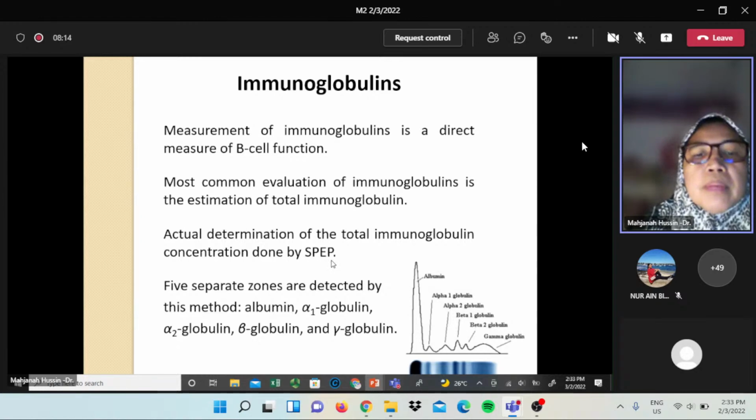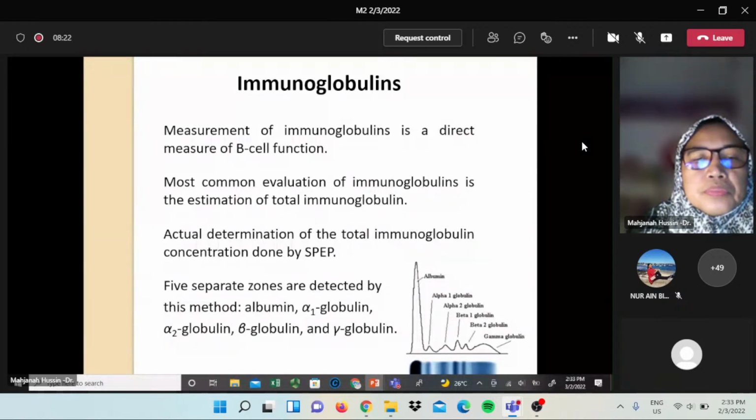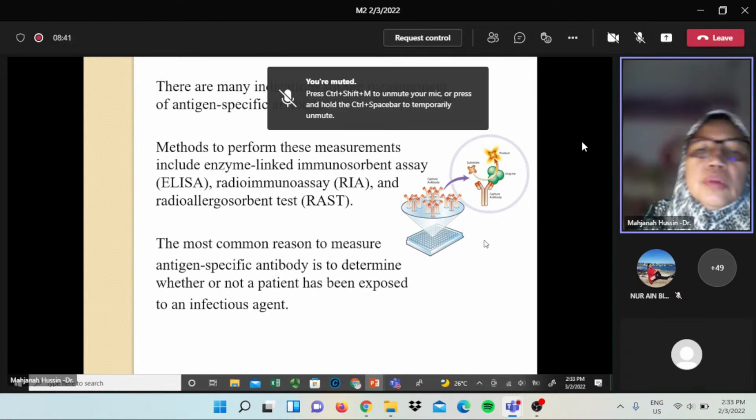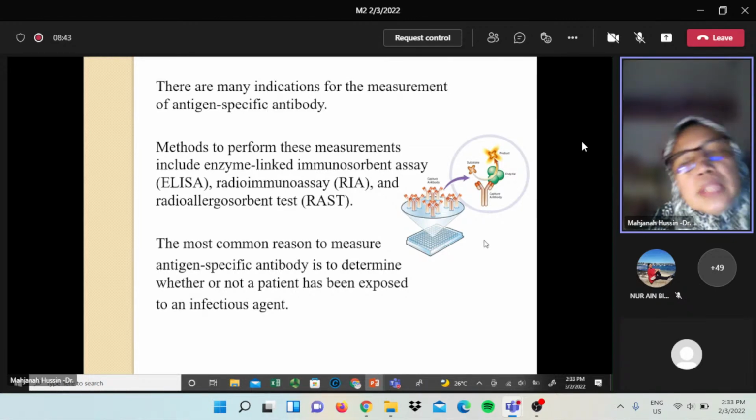So as you can still remember, there are 5 separate fractions detected: you have your normal albumin, you have your alpha 1 globulin, alpha 2, you have beta, and then you have gamma. Okay, so those are the globulins.